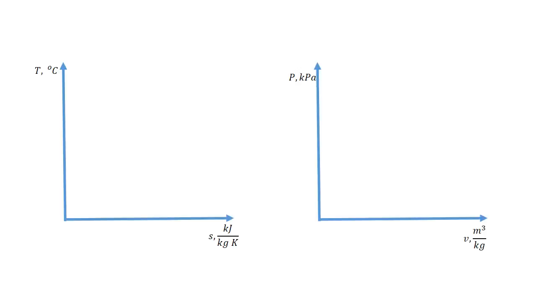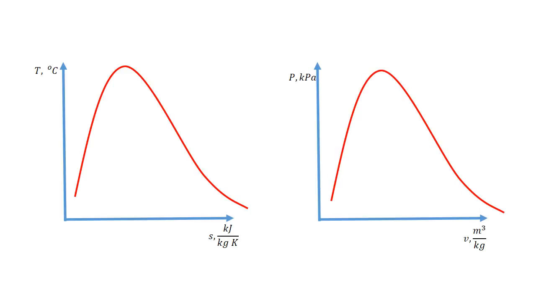In order to analyze the thermodynamic cycles, 2 diagrams are used, which are the temperature entropy diagram and the pressure specific volume diagram. The specific volume is the reciprocal of density. The red graph is the phase change diagram of pure substances, for example, water.